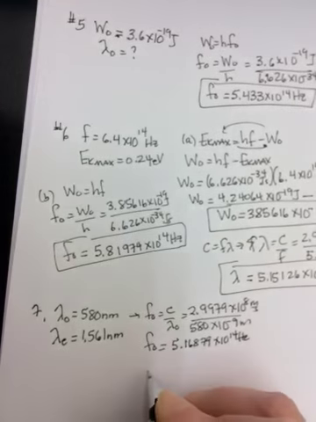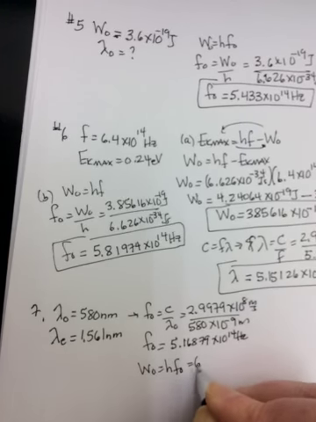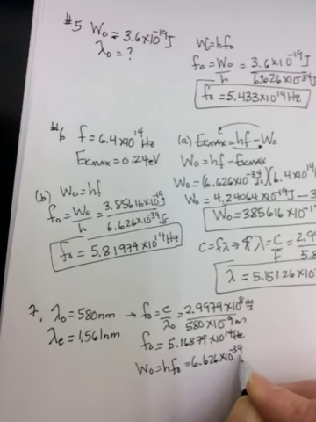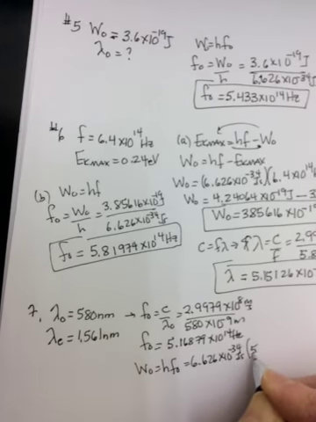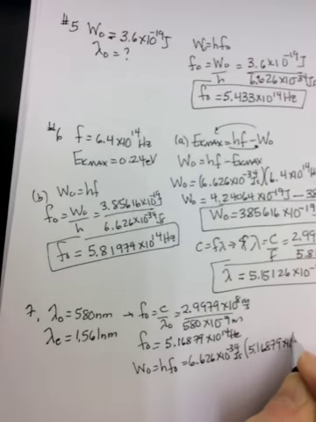So from that, we can find our WO, because it's equal to HFO. So 6.626 times 10 to the negative 34 joule seconds times our 5.16879 times 10 to the 14th that we just found.